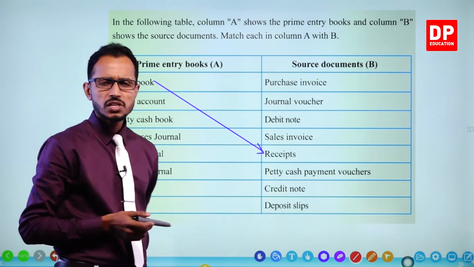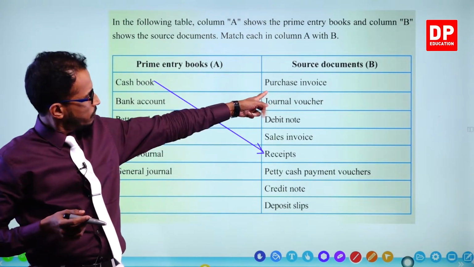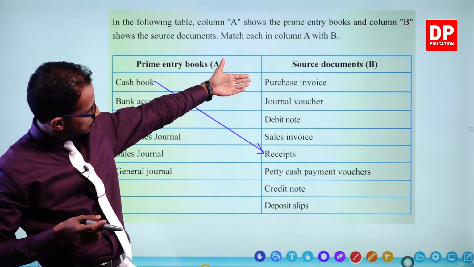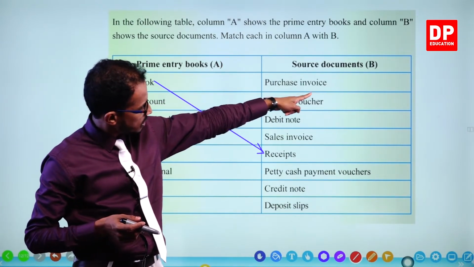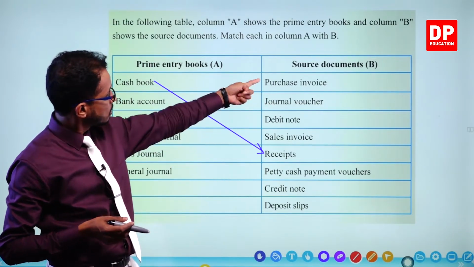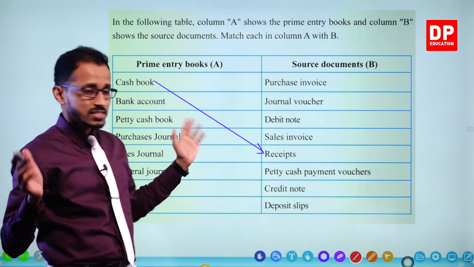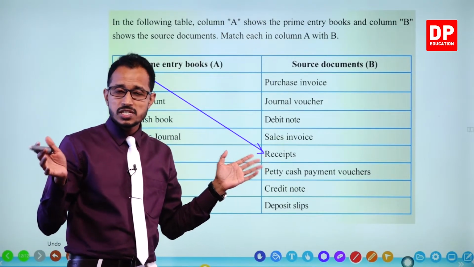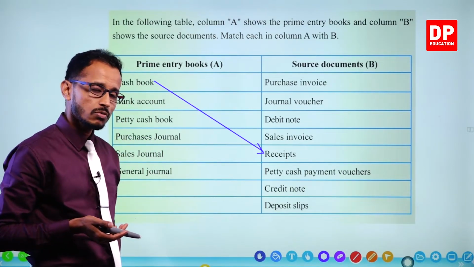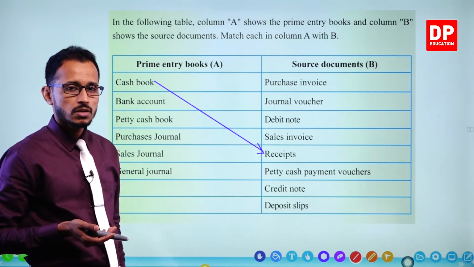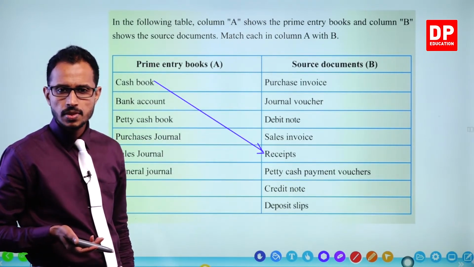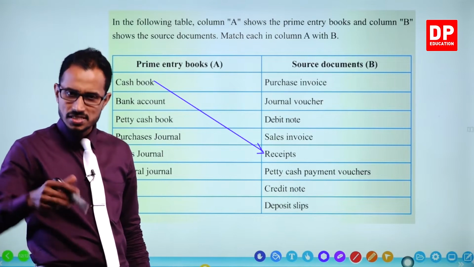Shall we do the easy ones? We came from the top, and there was the purchase invoice. Purchase invoices are issued for what transactions? Purchasing goods.